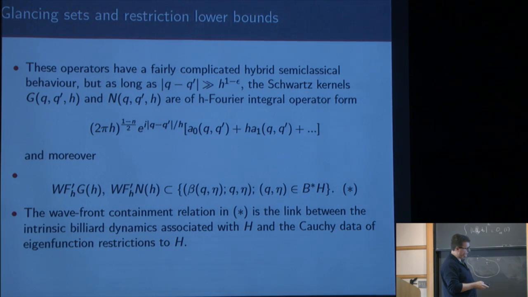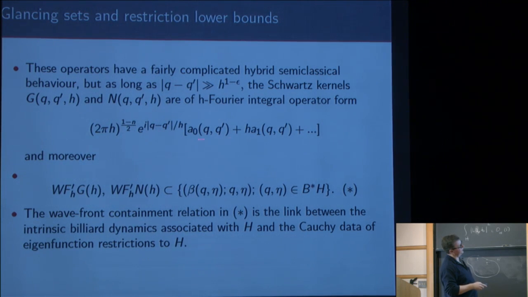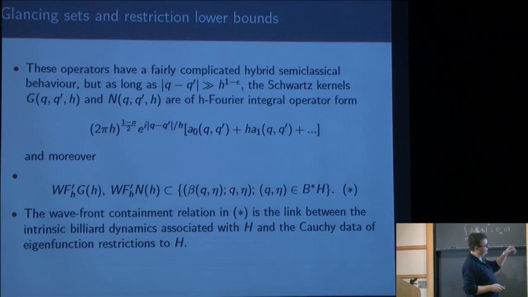They have this standard WKB type formula: an oscillation term, and an amplitude that has an asymptotic formula. The singularities of the wavefront sets are contained in the billiard relation. So the billiard relation that I started with determines the singular structure of these operators.